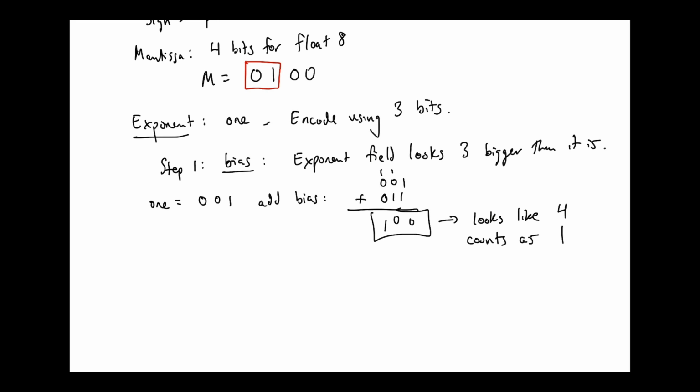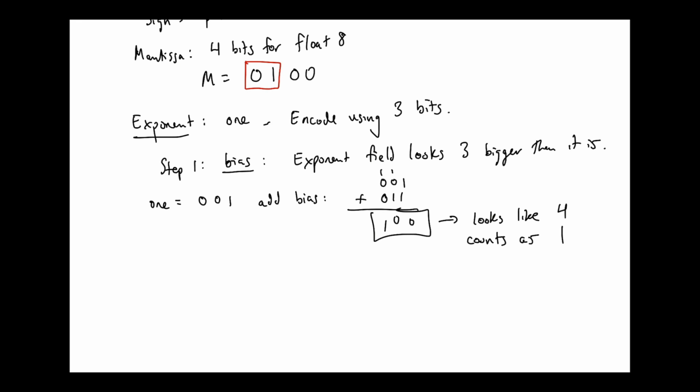It looks like 4, but counts as 1, because of this bias of 3. So this is why the exponent is the annoying part of this.